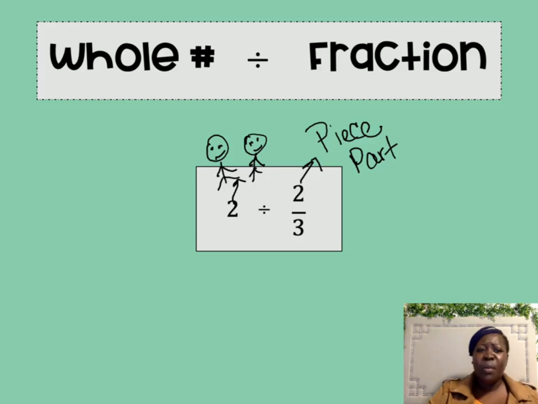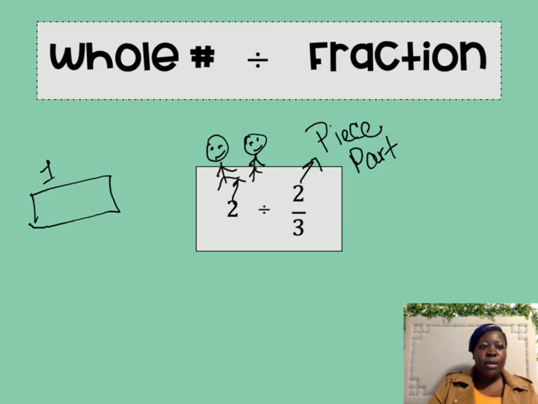No, we want to make sure that we understand. Let's look at it. We are going to represent our two friends. Here you have friend number one, and you have friend number two. Two friends, and you're trying to see how many of these pieces they have.